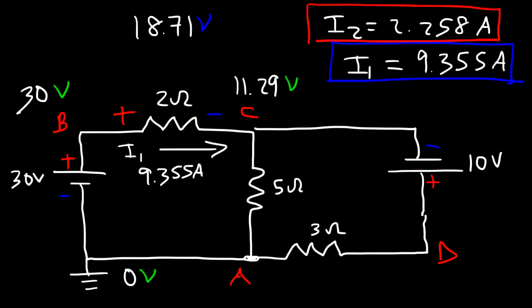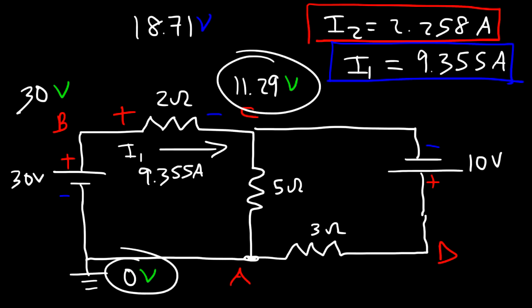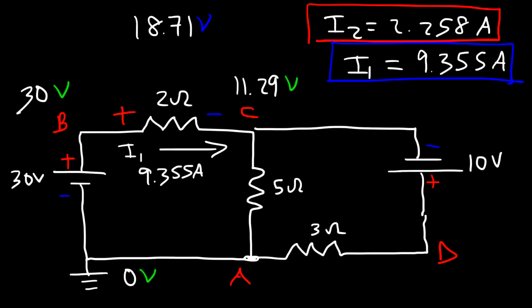Now as we go from, let's say, C to A, the potential drops to 0. So we can calculate the current in the 5 ohm resistor by taking the voltage across the 5 ohm resistor, which is the potential difference between these 2 points. So that's 11.29. And then if we divide it by the resistance of 5 ohms, that will give us a current of 2.258 amps, which is in agreement with this answer, I2.